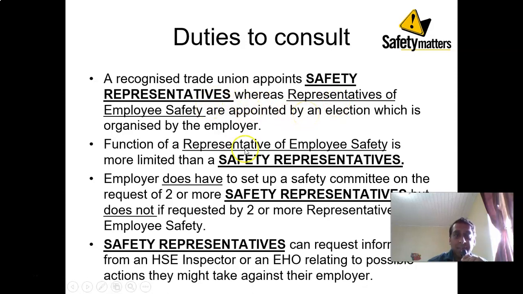The employer does have to set up a safety committee on the request of two or more safety representatives, but does not if requested by two or more representatives of employee safety, right? So again, just showing you their powers anyway, the power of the safety representative is more than that of the representative of employee safety.